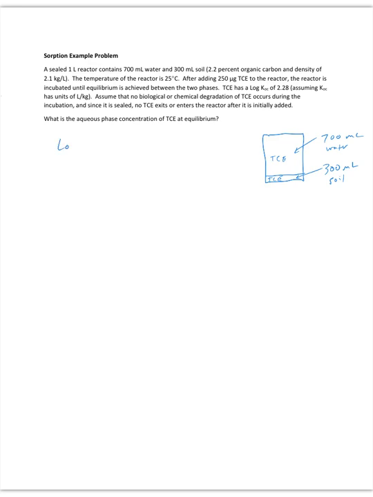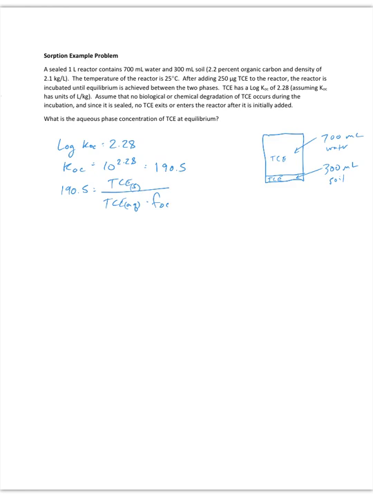We know that the log KOC is 2.28, and so the KOC is 10 to the 2.28, which is equal to 190.5. And we can write out the definition of KOC. 190.5 equals TCE that's sorbed onto the solid phase divided by TCE aqueous times the fraction of organic carbon.